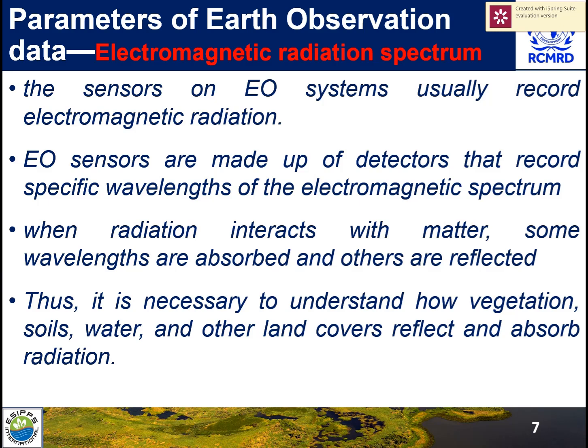The other aspect is that when radiation interacts with matter, some wavelengths are absorbed and others are reflected. This is just the same thing that we mentioned earlier about how and through what process the radiation that is released from the object or from the sun interacts with the objects on the surface of the Earth.